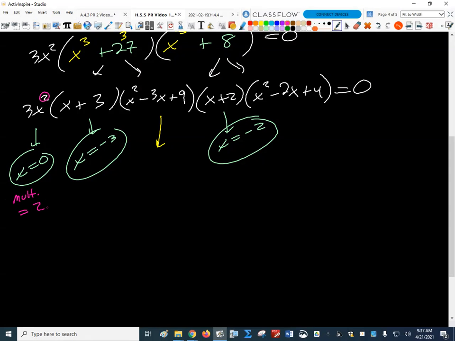So it counts as 2. Okay? How am I going to find the zeros of these irreducible quadratic factors? Going to have to just use the quadratic formula, right? And you guys, you've done that a million times. I won't even take you through that. You guys can do that stuff.